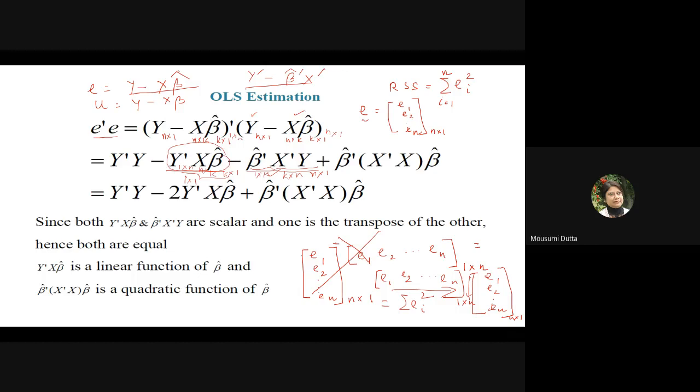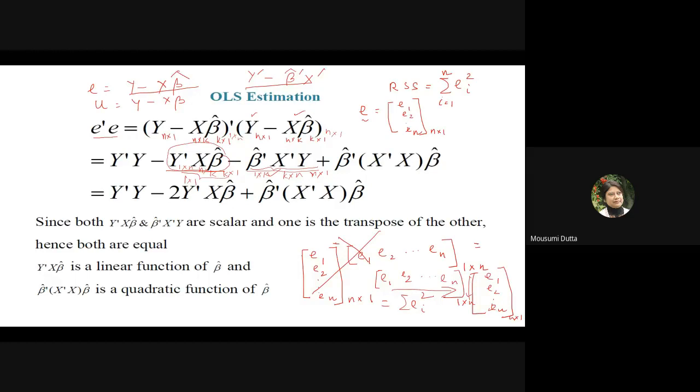Following that principle, since y prime x beta hat as well as beta hat prime x prime y are scalars, and the second is the transpose of the first, we combine these two elements and write minus 2 y transpose x beta hat. The third element I keep as it is, beta hat transpose x transpose x beta hat.